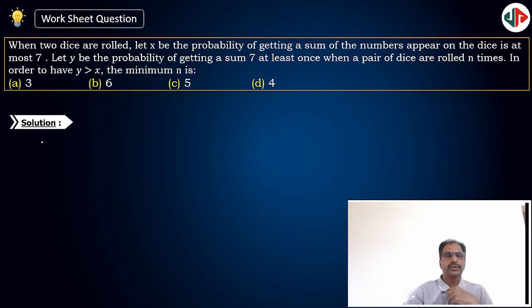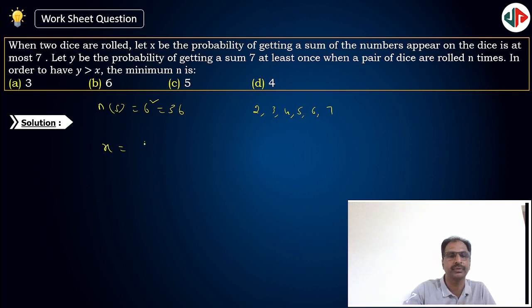Next, when two dice are rolled, n of S will be 36. X is the probability of getting a sum of numbers on the dice that is at most 7. At most 7 means maximum 7. The minimum sum is 2. So 2, 3, 4, 5, 6, 7. So X is the probability of getting this. What will be the value of x?